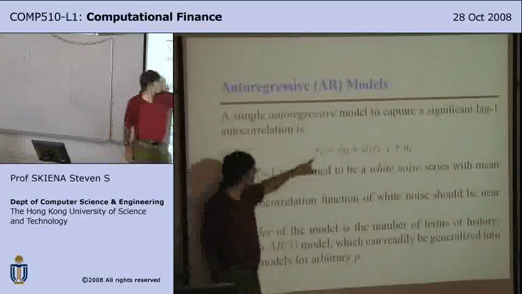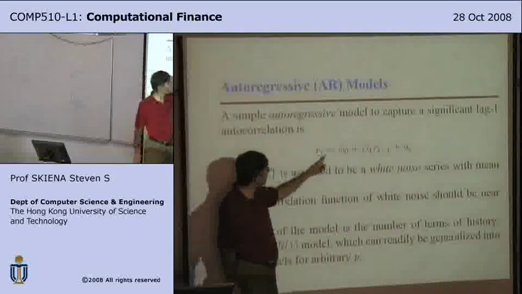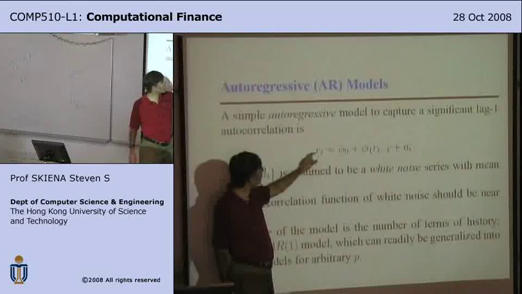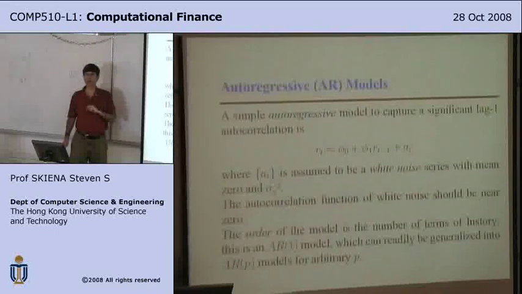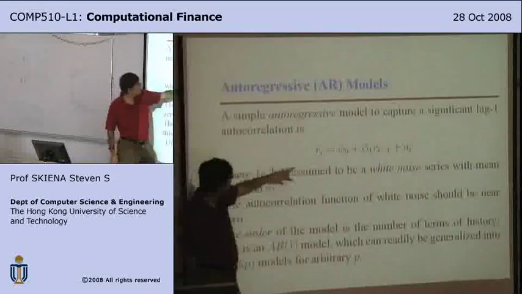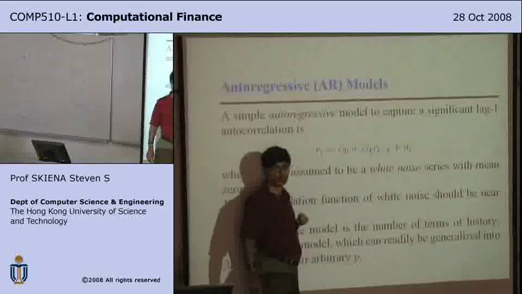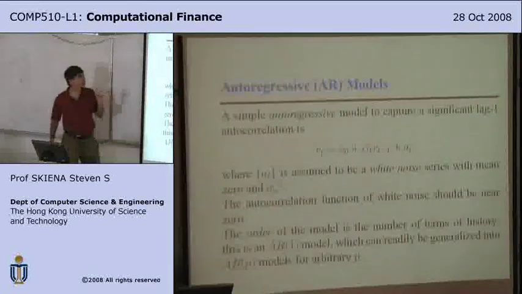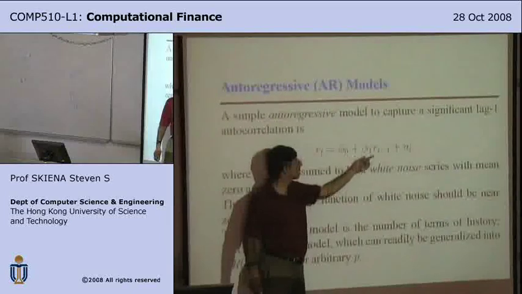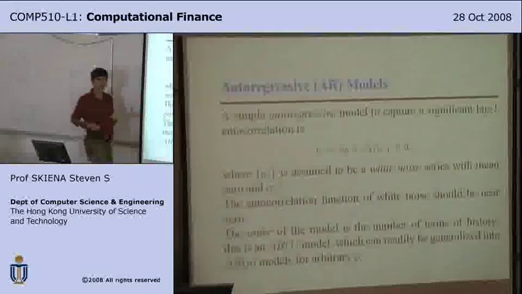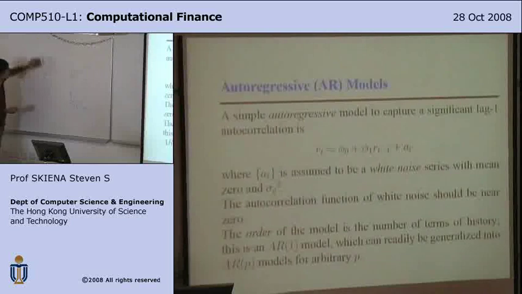And if we do this kind of a model, what's interesting about it? If we have a model like this, what should the autocorrelation function of it look like? Let's think about this. Let's say we have a model where today's value depends upon yesterday's value plus some other random terms. What do we think the autocorrelation of that function should look like for that kind of a process?